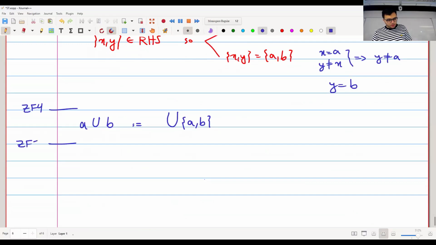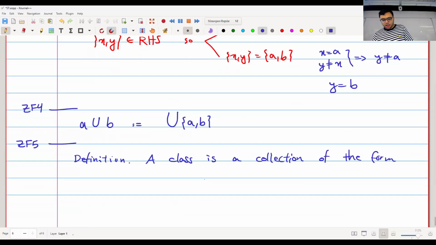After ZF5, I can have a definition like this. I say a class is a collection of the form: all x's such that they satisfy some formula.